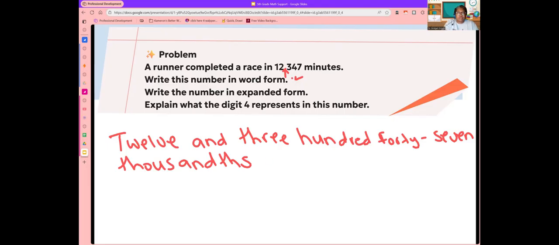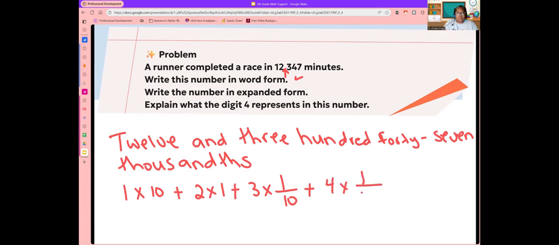Now in expanded form, we would have 1 times 10 plus our 2 in the ones place, so 2 times 1, plus the 3 in the tenths place, so that'd be 3 times 1/10, plus the 4 in the hundredths place, so 4 times 1/100, plus the 7 is in the thousandths place, so 7 times 1/1,000.